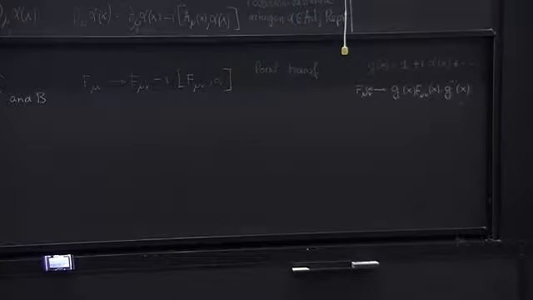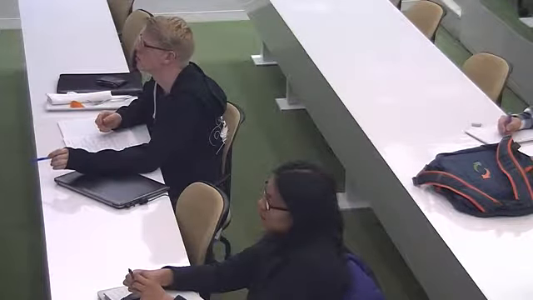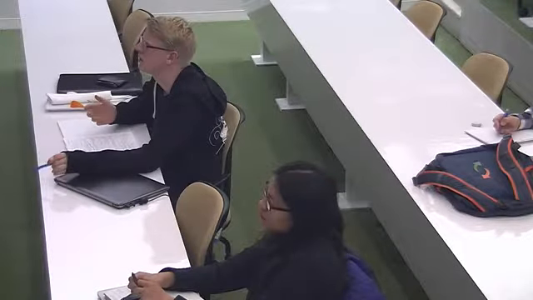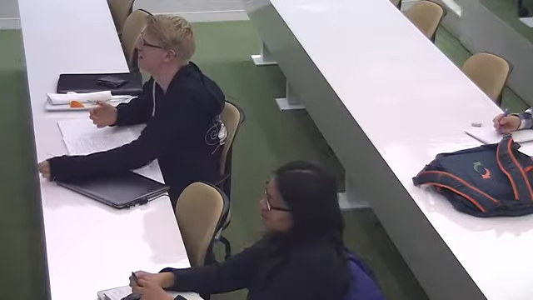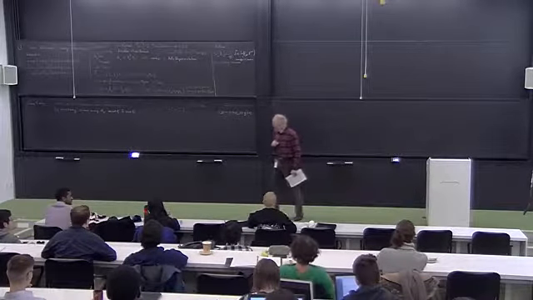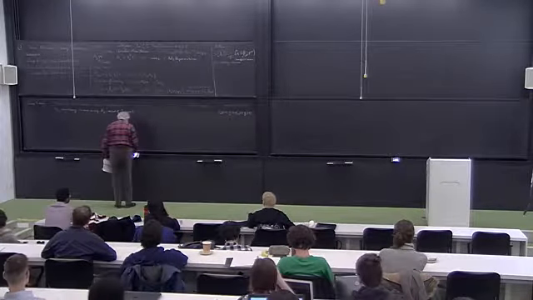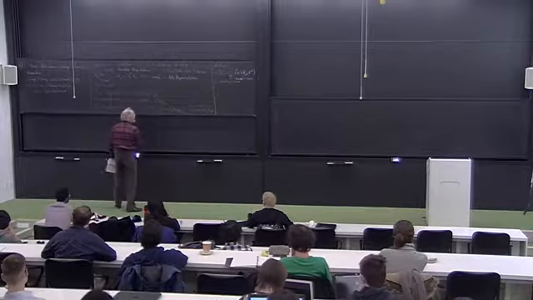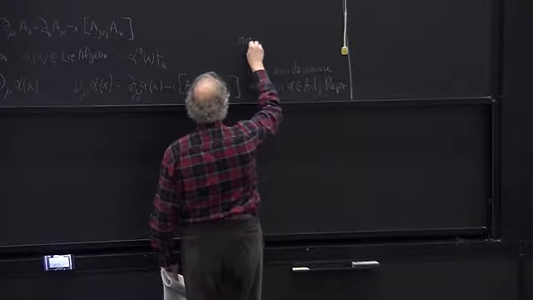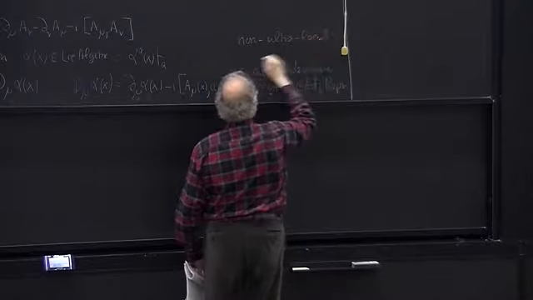Are you calling it derivative non-local? Yes, because it depends on what's happening in the neighborhood. Okay, let's call it non-ultra-local. I think the mathematical definition is not ultra-local. We're still talking about locality.